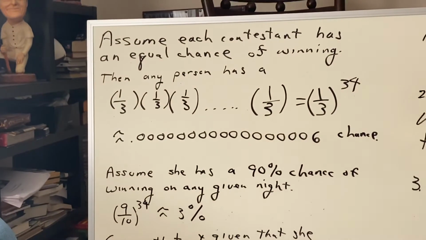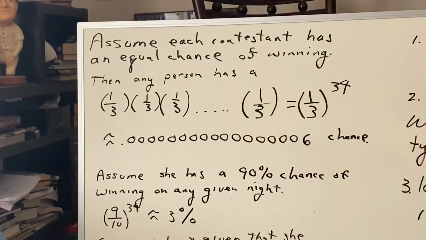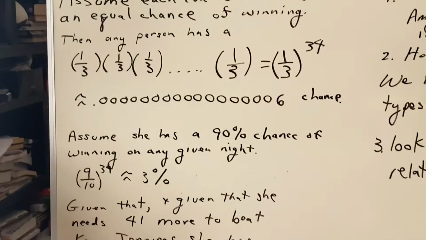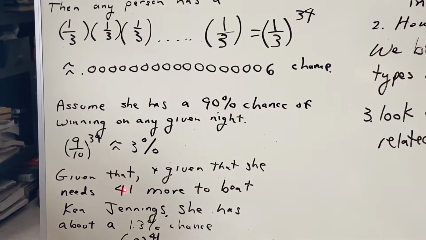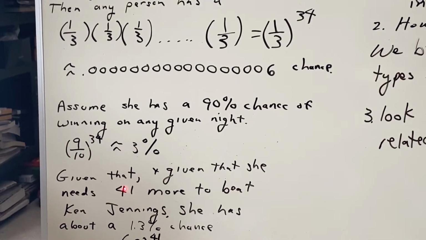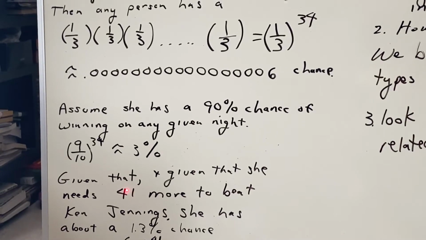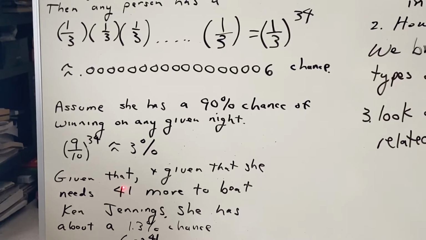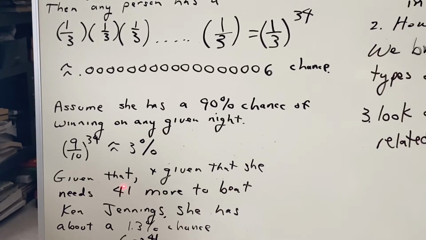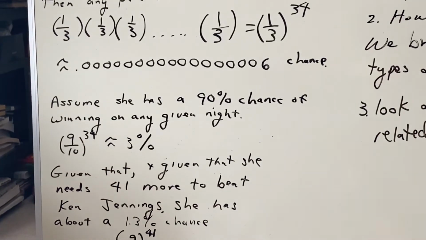Now, we often use probabilities, actually, probably more likely to use them going forward. So we now might speculate, okay, what is the chance that she wins 41 more matches consecutively to break Ken Jennings' record, which is 74, right? So 41 more would be 75. And we're going to attach a probability there.